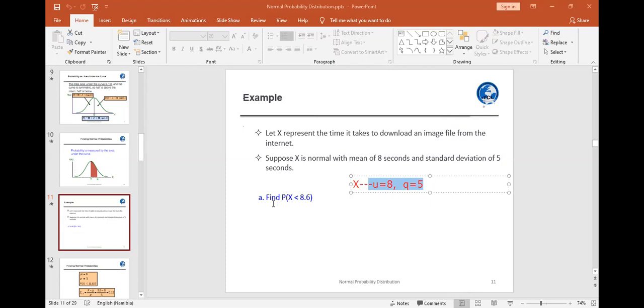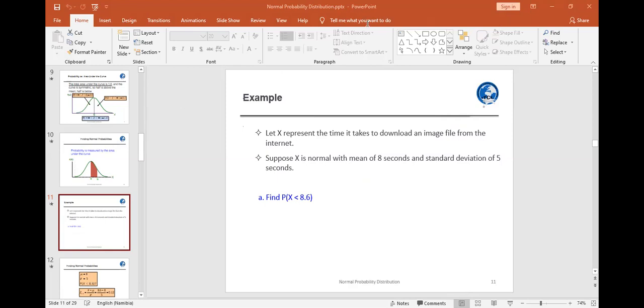now X is picking any number. What is the probability that it will take less than 8.6 seconds to download? How do we find this probability? So let's see the calculations.